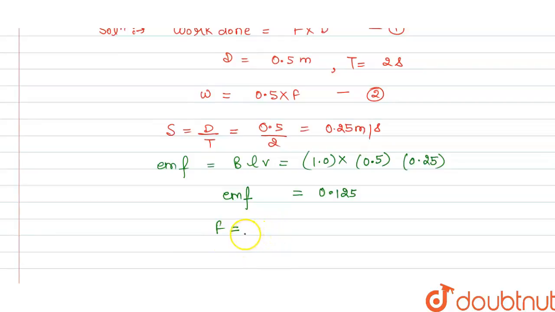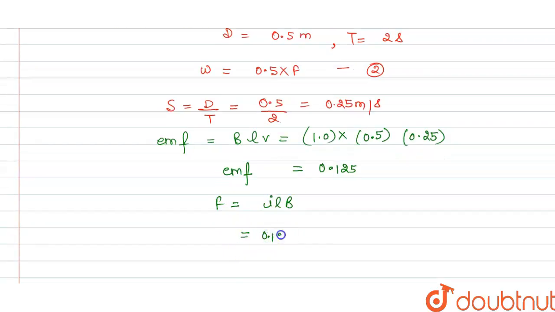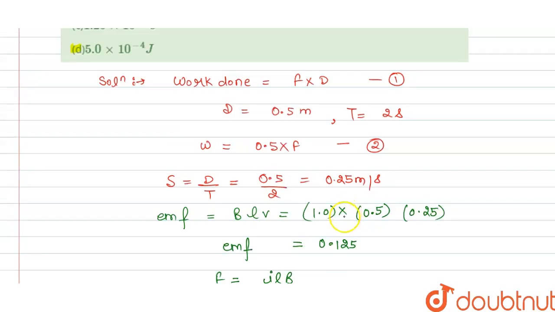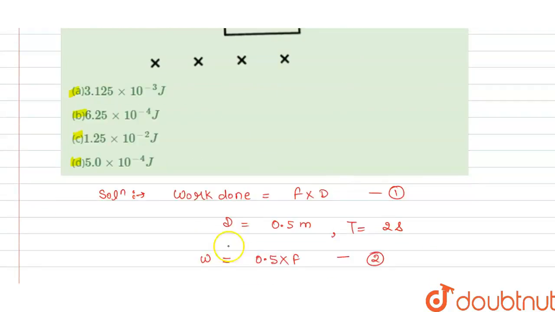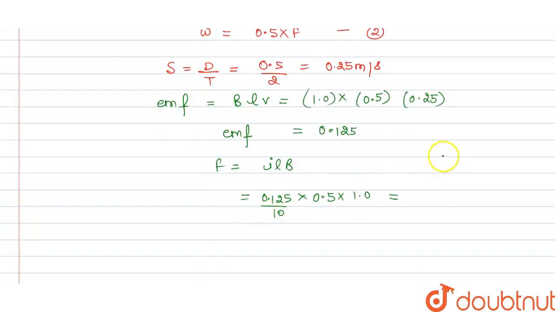and we know that force is equal to I into L into B. So this will be equal to 0.125 and this is 0.5 and this is 1 Tesla and this is divided by 10 here, as we know that V is equal to IR.